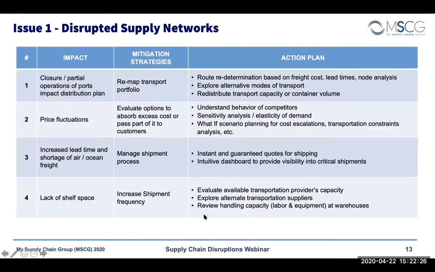So what we're going to do is have a couple of slides on each one of these issues, and I just wanted to lay this out for you real quick. We're going to be looking at some issues and their impact, then some mitigation strategies, and then some possible action plans that you can put in place to address those strategies.